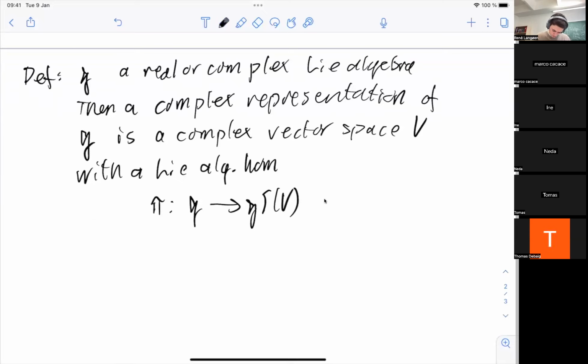But again, here g can be either real or complex, but it's important that if you have a complex representation, you need a complex vector space.